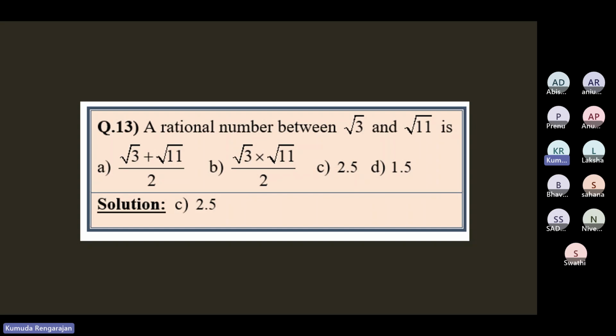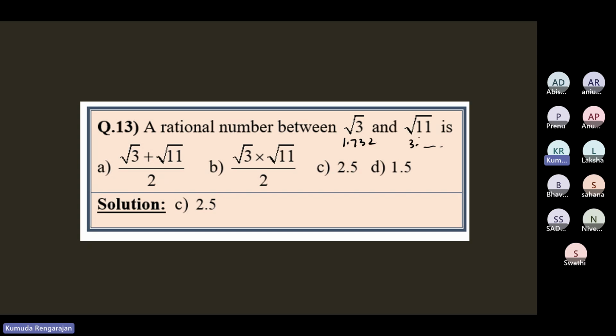Yeah, this is again a rational number between root 3 and root 11. Root 3 is 1.732. And root 11, even if you don't know, you know 3 threes are 9, 4 fours are 16, so this one should be 3 point something.